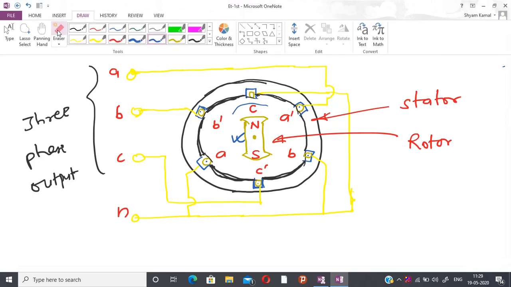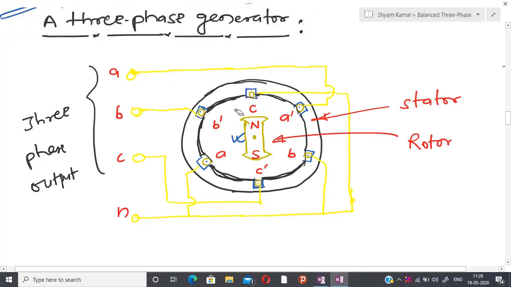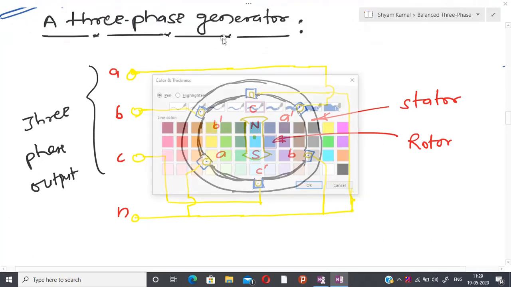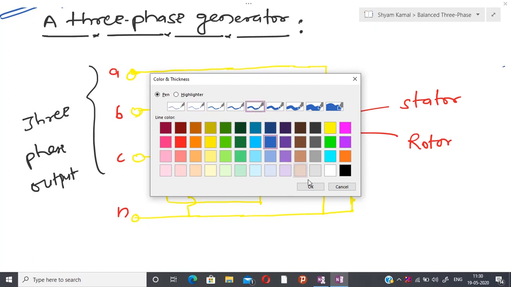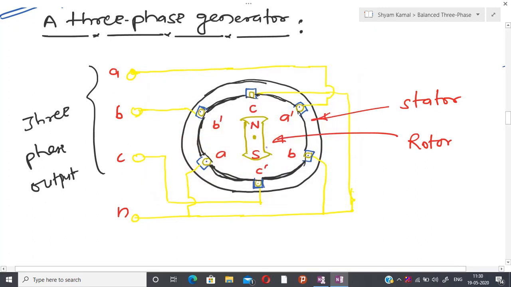I am not going to write anything in this figure otherwise. So basically I am talking about this rotating magnet, and this rotating magnet is called the rotor. So the rotor is the rotating magnet.